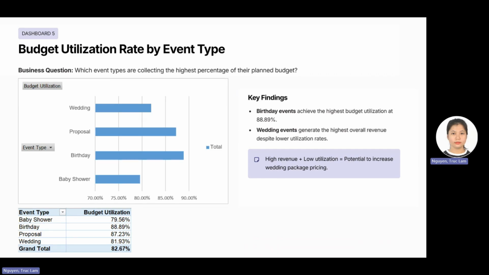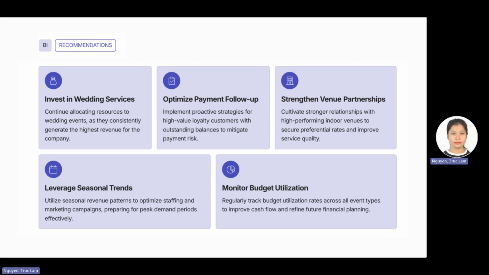result. So from the dashboard analytics, I developed five recommendations. First, I recommend the company continue investing in wedding services because they generate the greatest revenue. Second, the company should improve payment follow-up for high value customers with outstanding balances.